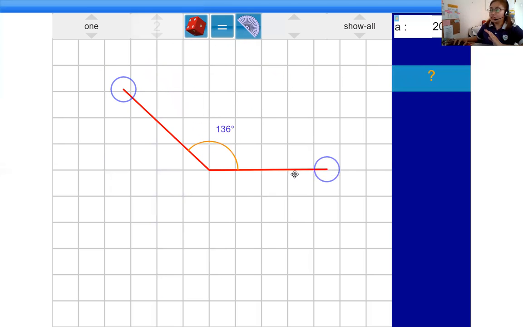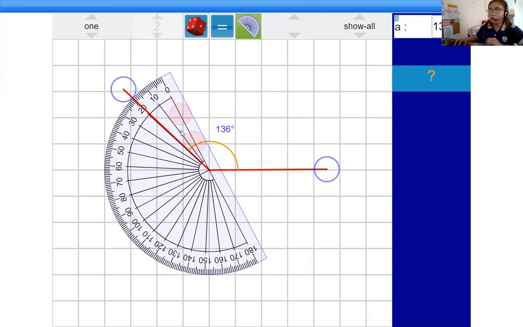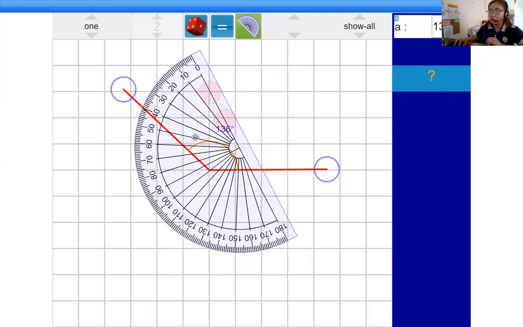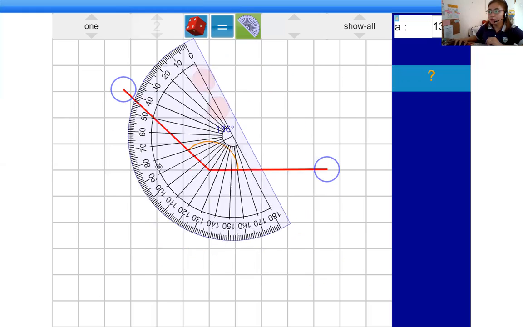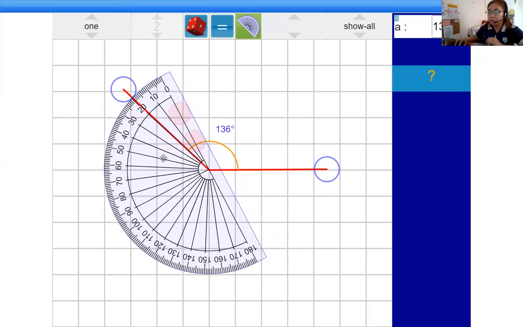Next, if for example we have this kind of angle, going back to our protractor, we just need to rotate our protractor or move it to a different place. Oh, it's not rotating. Wait.